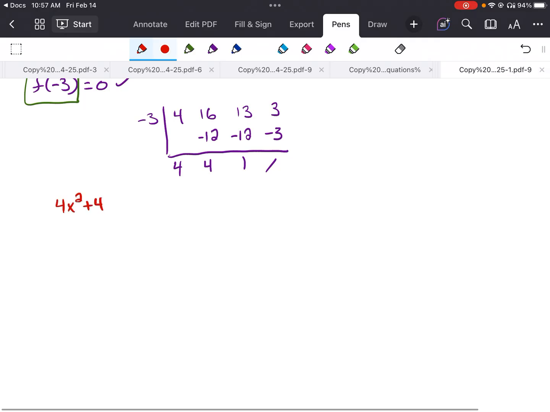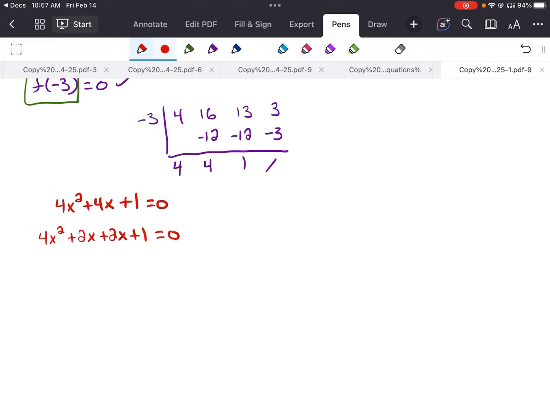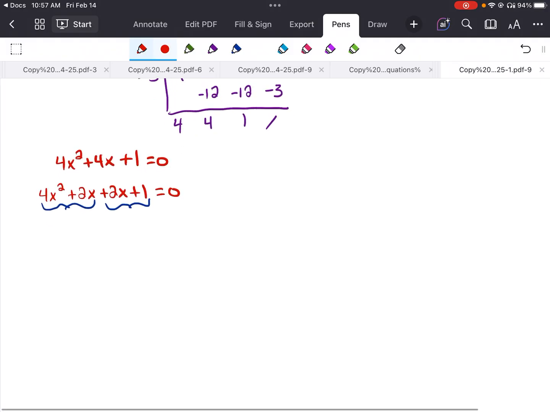So we're left with 4x^2 + 4x + 1. The factors of 4 times 1, which is 4, that add to 4 are 2 and 2, so let's split that middle 4x into 2x and 2x. We're going to group.